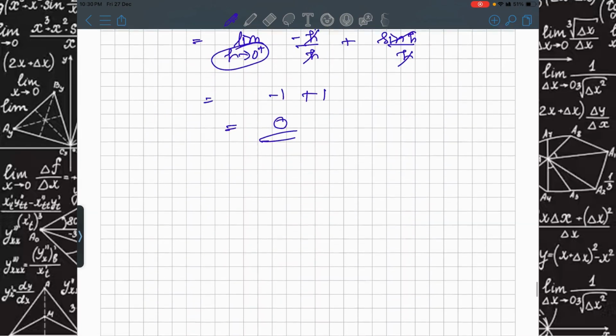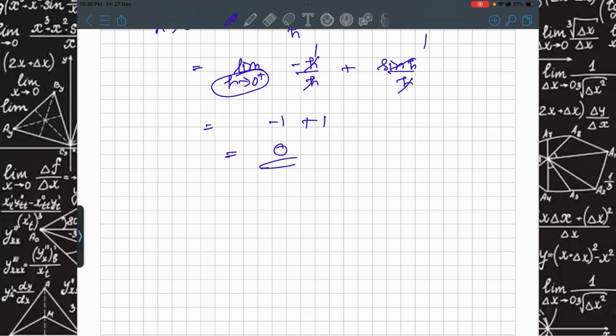This question and these two questions are very important because we have learned the importance of rationalization and simplification, and then how to approach the modulus and then the greatest integer function. So here the takeaway is handling the greatest integer function, GIF.